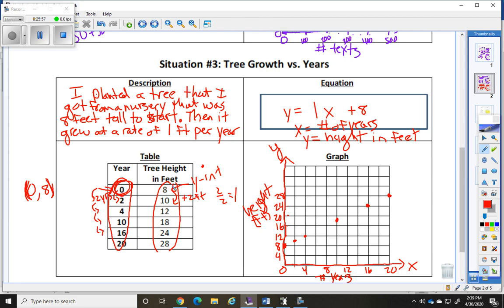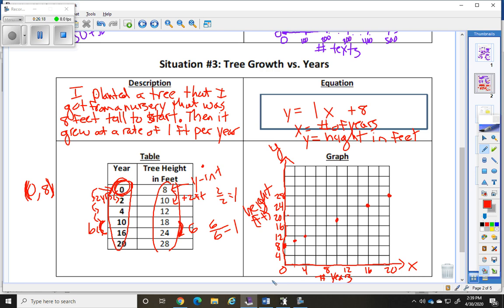constant. So at first I said it was 2 over 2. If I were to look here, from 18 to 24, it's 6. And from 10 to 16, it's 6. So 6 over 6 is still 1.